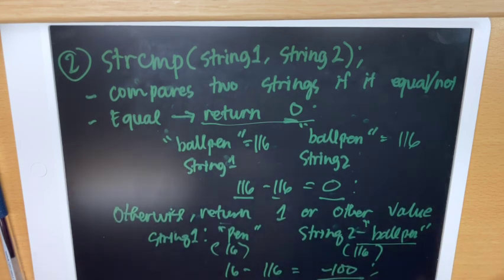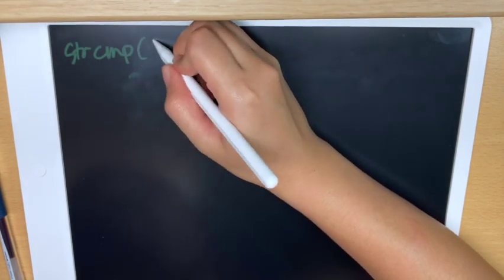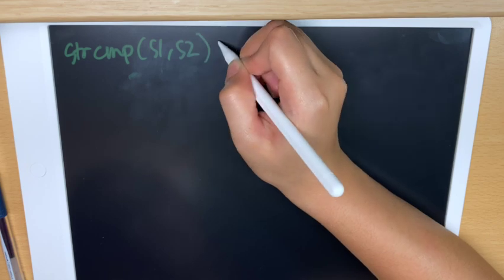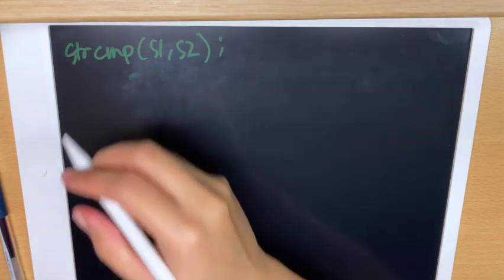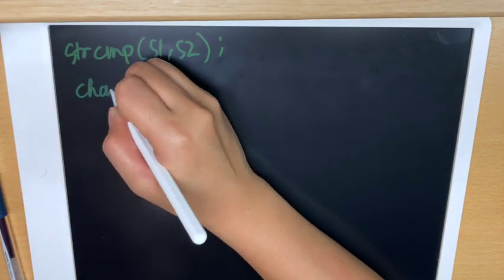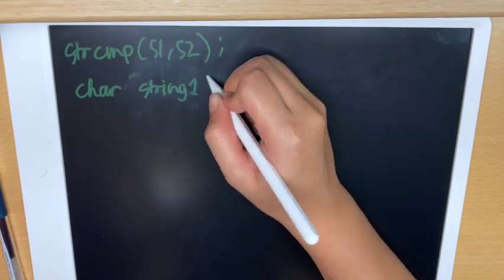So to implement string compare, an example implementation would be, okay, you have string 1 and string 2, and you can store them. Say you have string 1, I'm just going to initialize it.